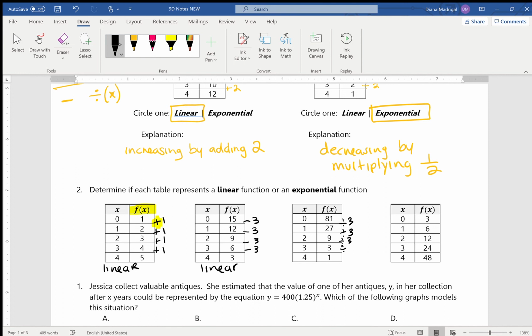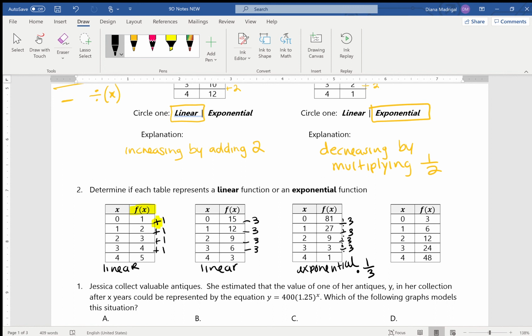And 9 divided by 3 gives me 3. And of course, 3 divided by 3 gives me 1. So this is exponential. And again, my explanation is that I'm multiplying by 1/3. Again, we're not using division, we're using multiplication at all times. You just have to do the reciprocal of that division.